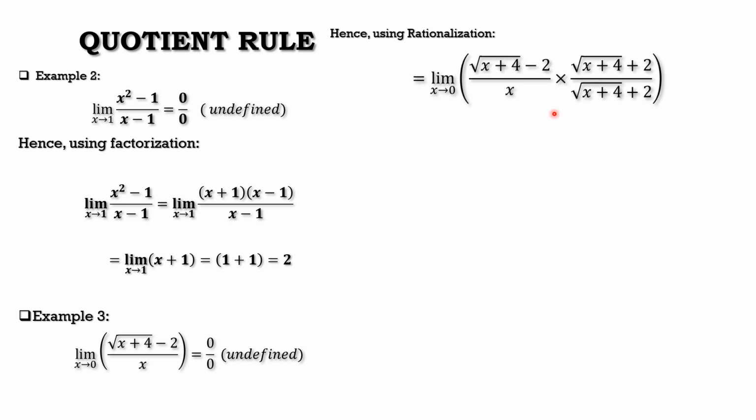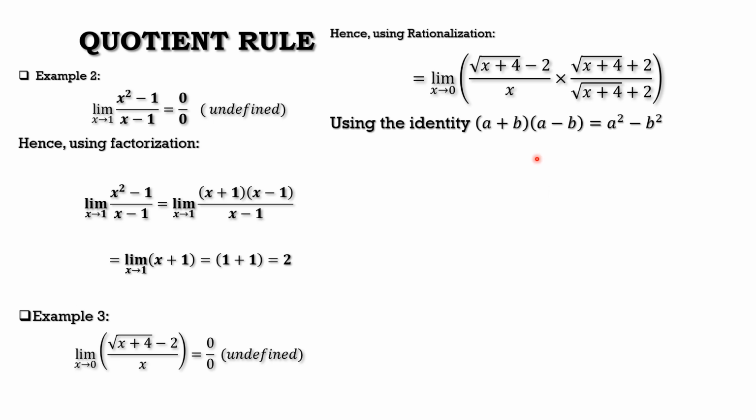What are we going to do in rationalization? We multiply both the numerator and the denominator by the conjugate of the set. So here the conjugate of this set will be the square root of x plus 4, plus 2. So these are the conjugates. We multiply the numerator by the conjugate and the denominator by the conjugate of this particular set.